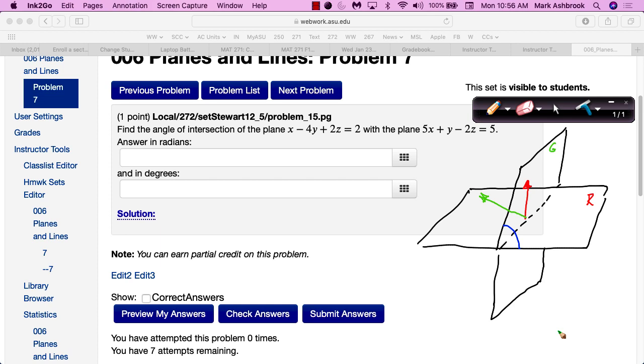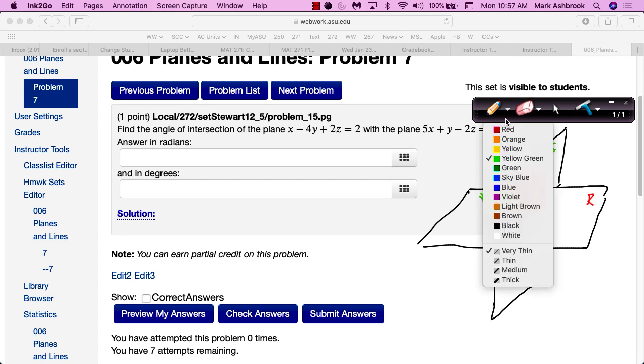So what about the angle between those vectors? Does that give the angle between the planes? Do you see that those two vectors, as they come together tail to tail, are just rotated 90 degrees from how the planes are oriented? So you just need to find the angle between the normal vectors.